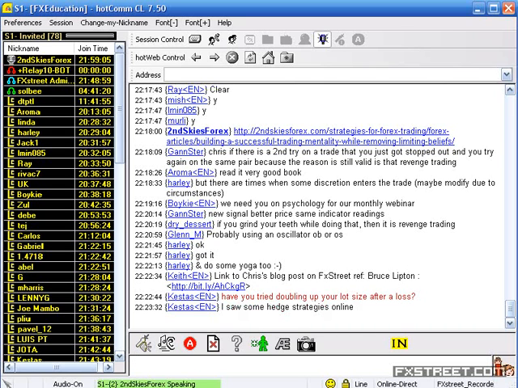For what reason? Why would you double up to make up for it? If you've tested your model of doubling up, like you've mathematically tested, say on MATLAB or a certain algorithmic system, there's many programs you can use to test your risk model.